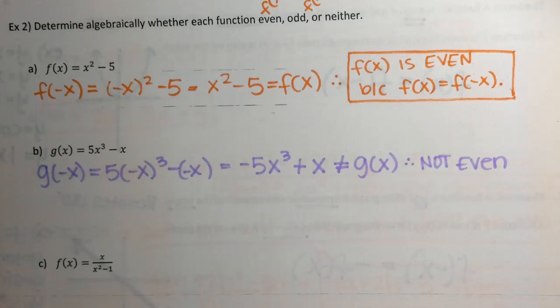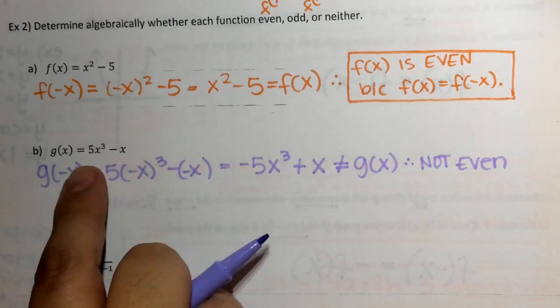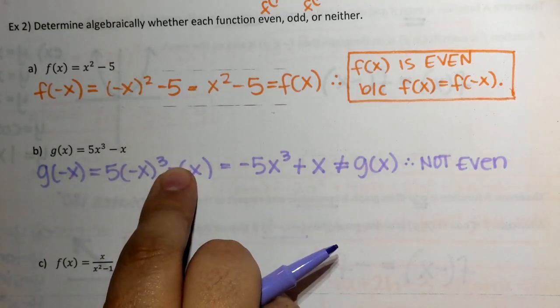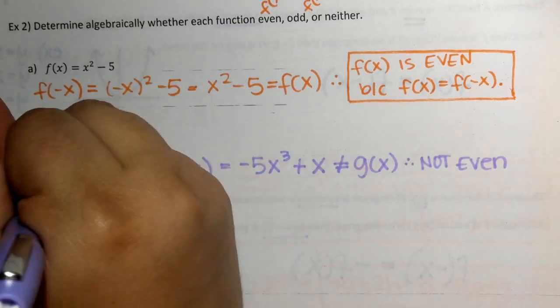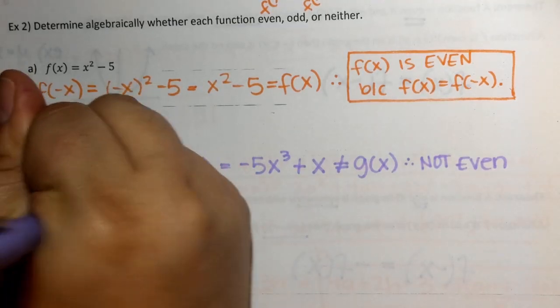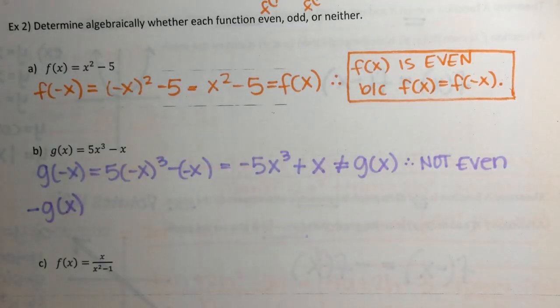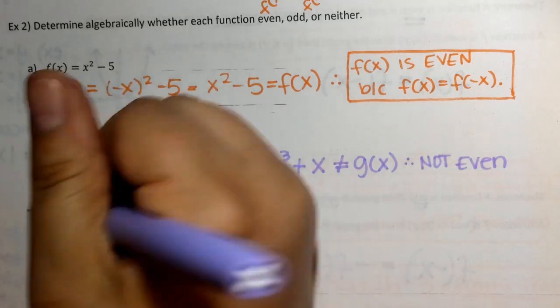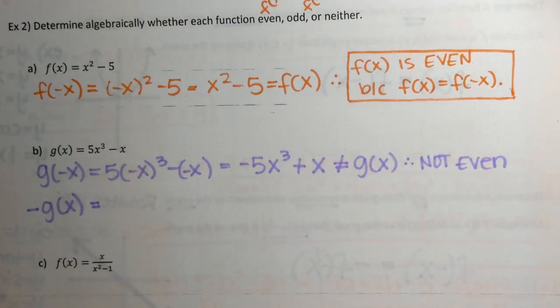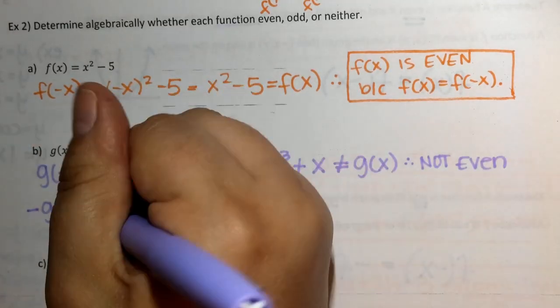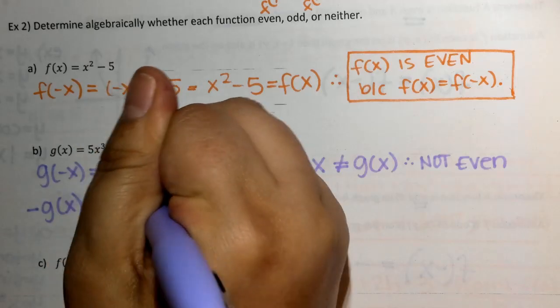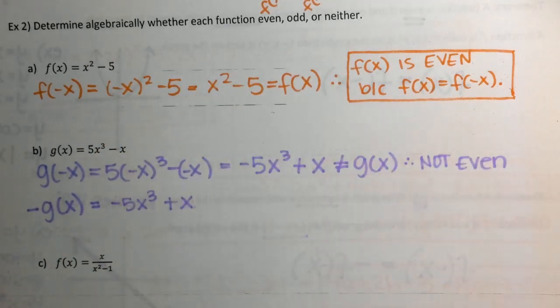So how do I check odd? Well, we already did that. What's the other part of the odd one? Negative g of x. So that's going to give me negative 5x cubed plus x. Well, what do we notice about that?